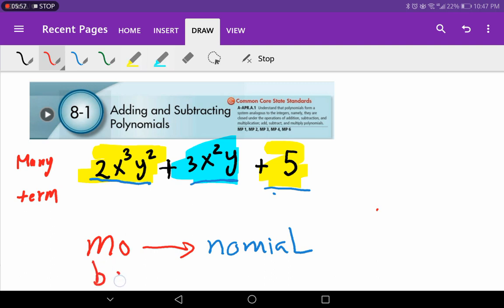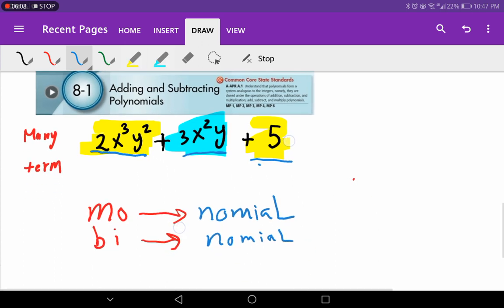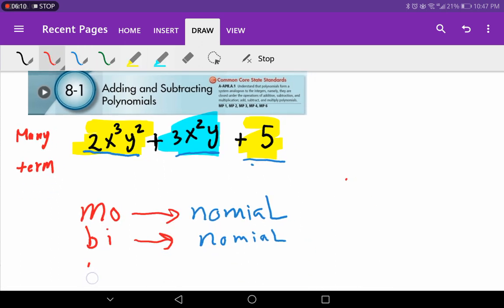Bi means two, so binomial is two terms. If I have three, trinomial.